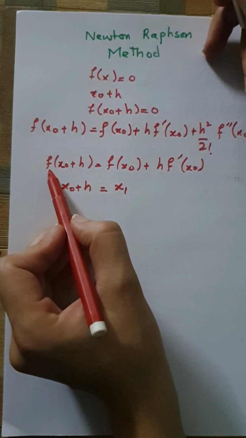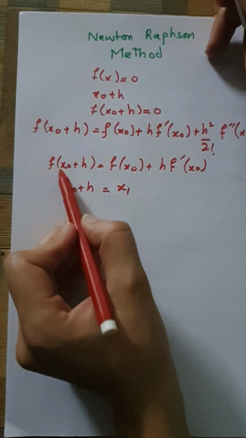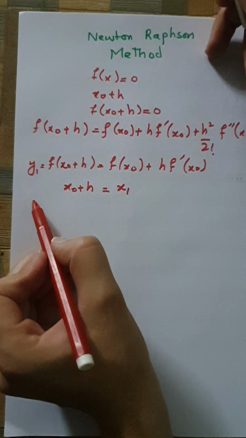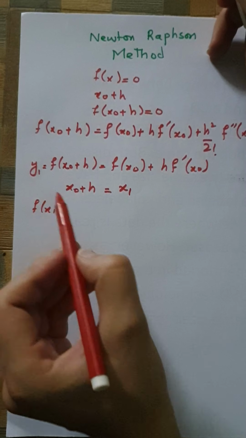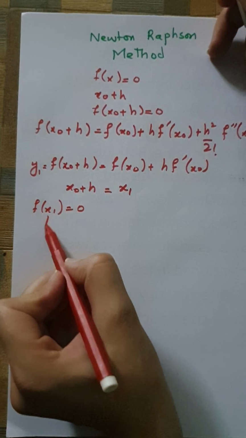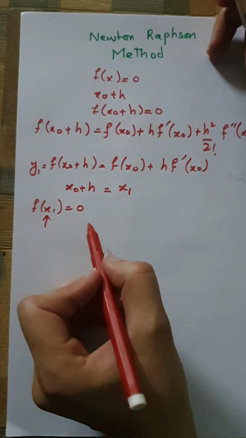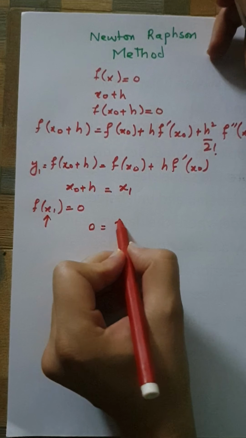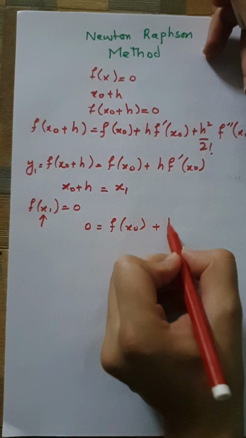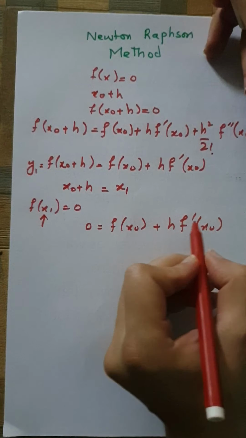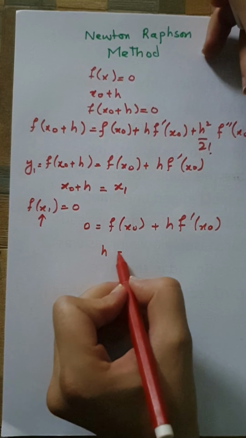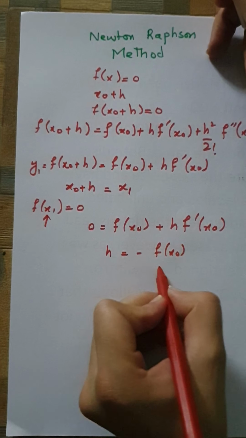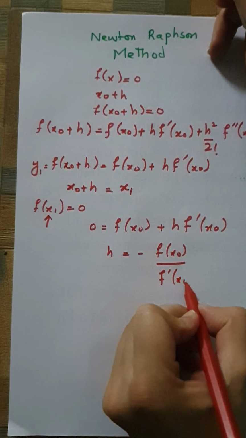So f of x naught plus h, which is y1 or f of x1, should be equal to 0 at this point. When you substitute 0 on the left hand side, you get 0 is equal to f of x naught plus h f bar of x naught, and if you find the value of h from here, h is equal to minus f of x naught divided by f bar of x naught.